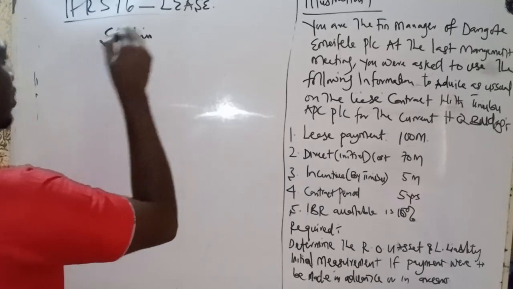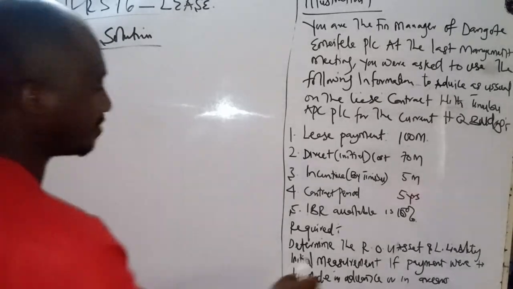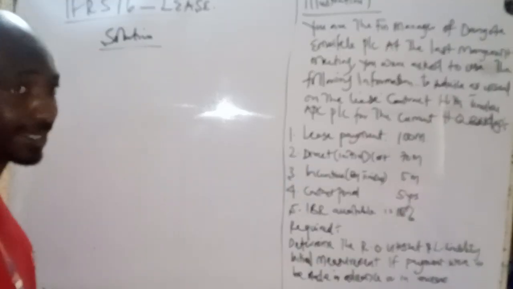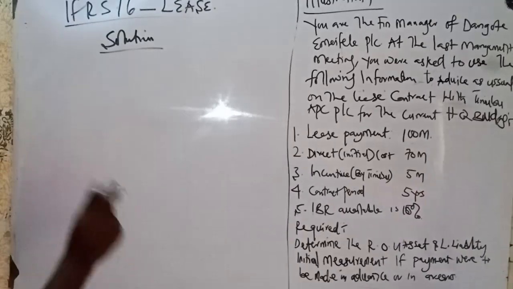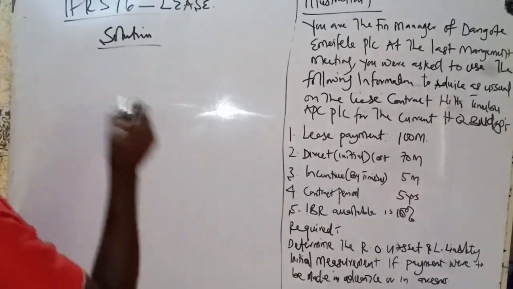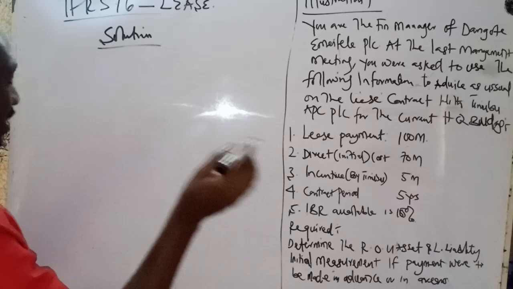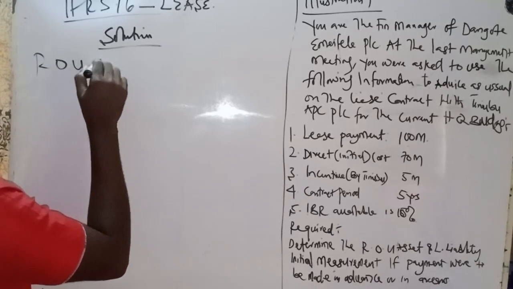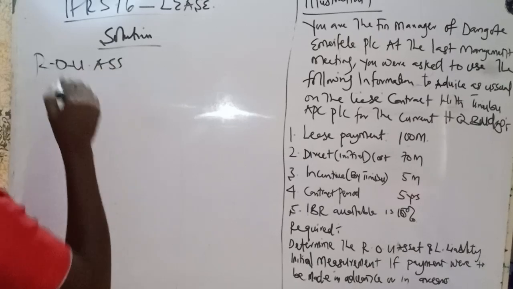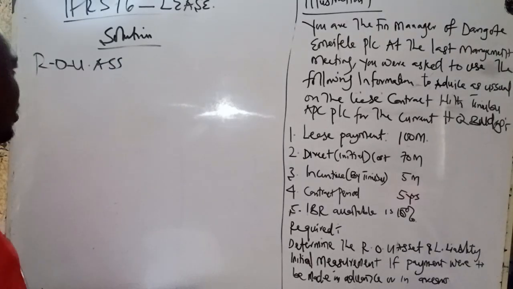Solution now. What they say we should do is that we should determine the right of use asset. In determining the right of use asset, like I told us in the last video, sorry that I'm abbreviating it, but please understand that is what it is all about.